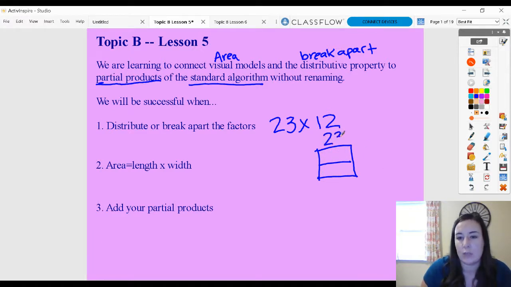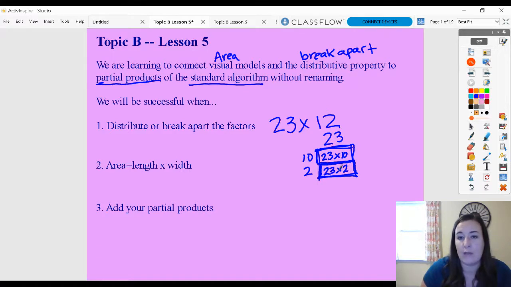So if I kept 23 the same, but I separated 10 and 2 to make 12, then I'm going to try to think of this as an area problem, which, when we're finding the area of a space, we're taking the length times the width. So in this case, it would be 23 times 10. And then down here, this rectangle right here has a length of 23 and a width of 2.